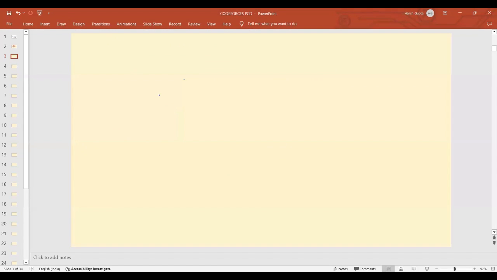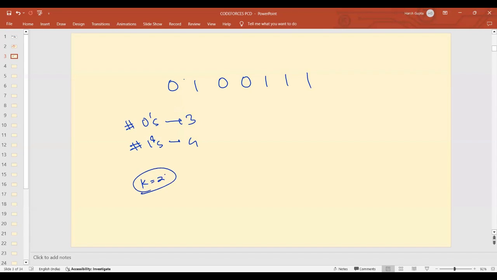See, if I tell you that you have a string something like this, 0, 0, 1, 0, 0, 1, 1, 1. The number of zeros in this string is 3. The number of ones in this string is 4. Agree? Can anyone tell me, if k equals 2, will I be able to convert all the characters of the string equal?